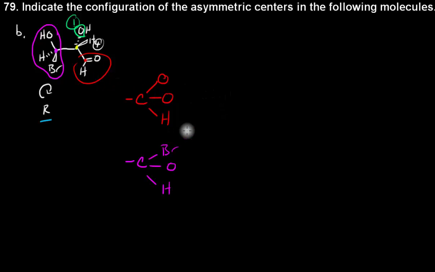So basically right now, it looks like we're trying to compare the bromine to the oxygen. And between the two, the bromine is going to win out. Bromine has a higher atomic number than the oxygen, and there's really no need to walk any further down the tiebreaker tree. So this pink group is going to be group number 2, and this red group is going to be group number 3.